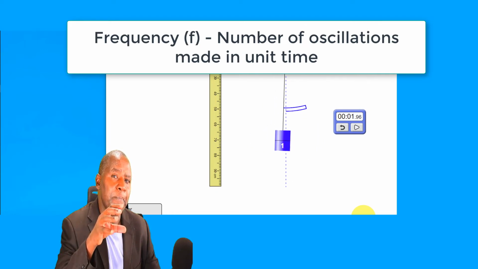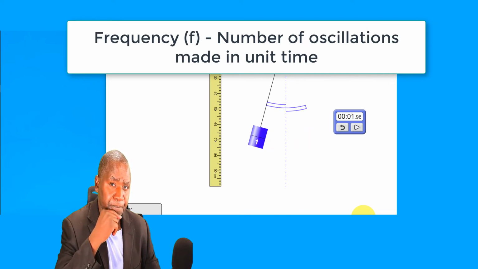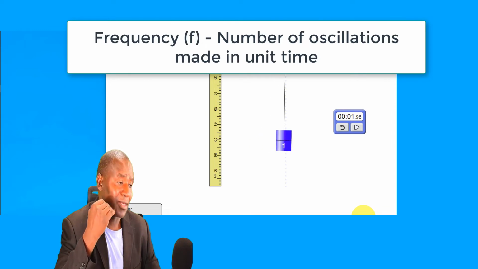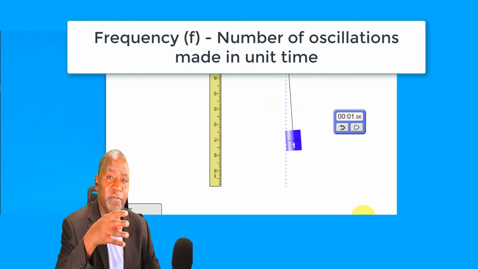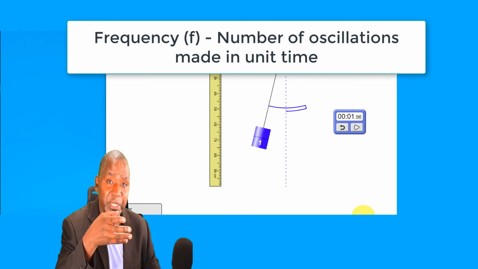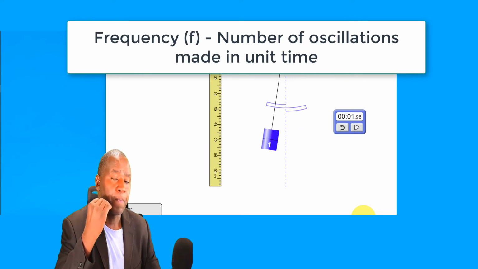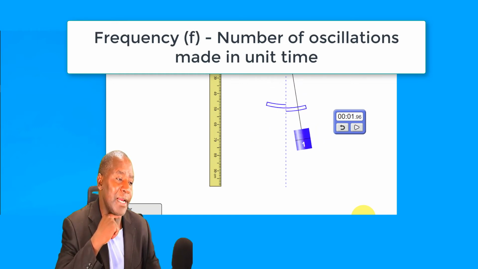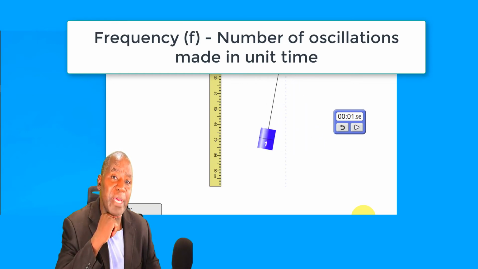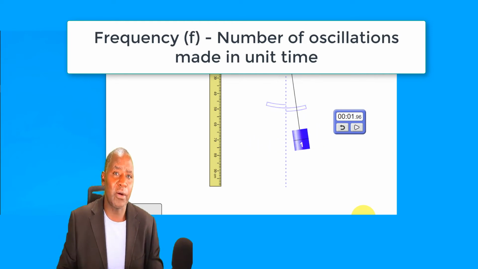synonymous with an oscillation. So the words such as how many crests per second, how many vibrations per second, how many repetitions per second, we are just describing frequency. Frequency is the number of oscillations made in unit time. So write that one down.